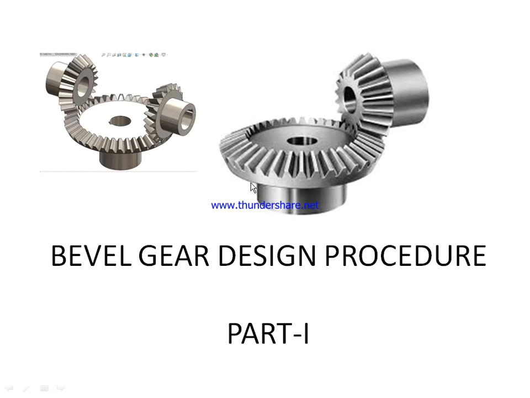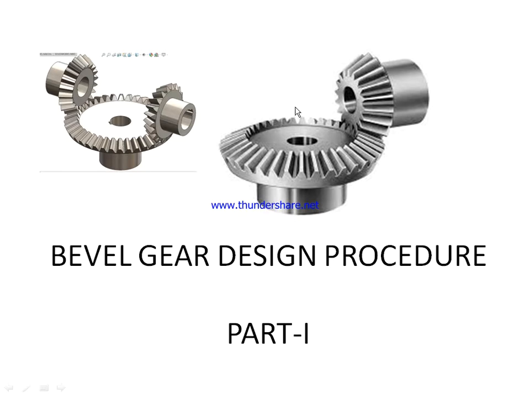And see, this is the way the bevel gears look like. So this is the gear and this is the pinion, and this is the axis of the pinion, axis of the gear, and somewhere they intersect here. Now see, actually it is nothing but a cone.